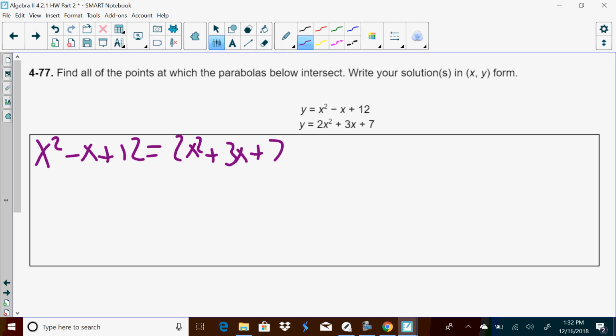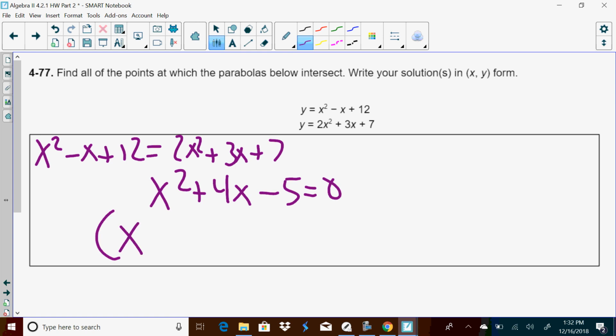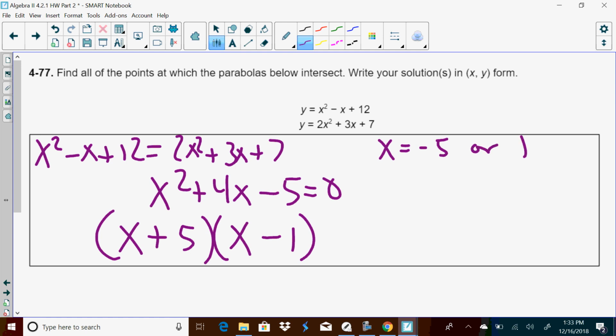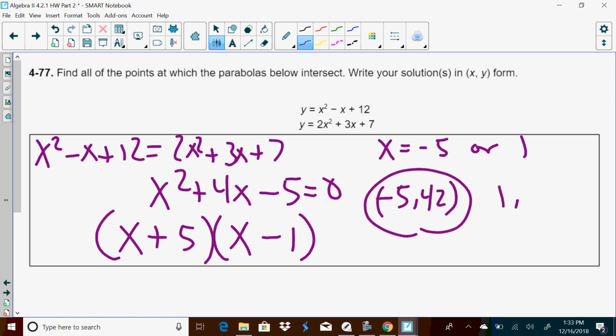So I subtract x squared, so I get x squared plus 4x minus 5 equals 0, factor. So plus 5 and minus 1. So I get x equals negative 5 or 1. Plug them back in. So my solutions are (-5, 42) and (1, 12).